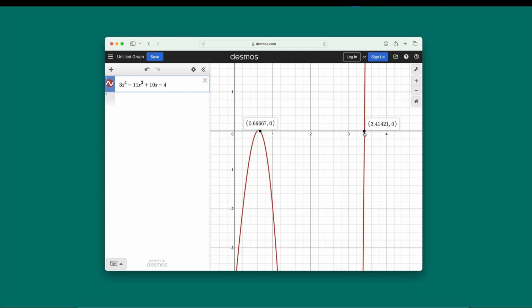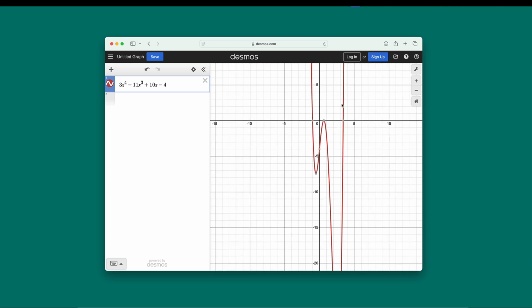And after our other zero, 2 plus root 2, it remains above the x-axis. If you zoom out, you can see that. And that's how you would solve that inequality using the graph. But you've got to be careful with graphs sometimes because they can be a little bit misleading if you don't pay close enough attention. That's it for this video.